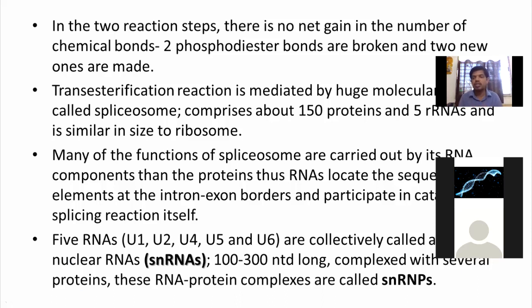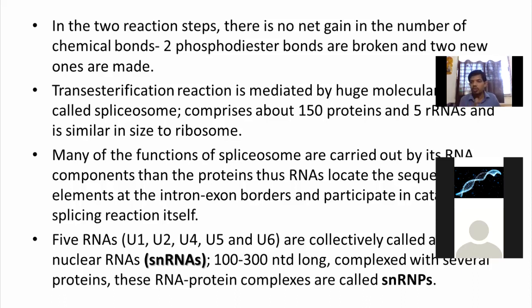I repeat again. The second point is what I told you: the transesterification reaction, which we have seen twice, involves the breakage of a phosphodiester bond and the joining of a phosphodiester bond. It means simply the removal of the introns and the joining of exons. All of it is done through the transesterification reaction, which is carried out with the help of the spliceosome.